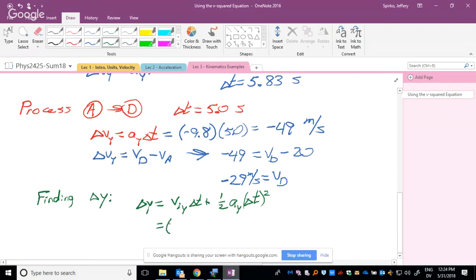The initial is, what process are we doing? We're doing the process from point A. So the initial is the A velocity, which was plus 20. The delta t is known, that's 5.0 seconds, plus 1/2 times negative 9.8 times 5.0 seconds squared.